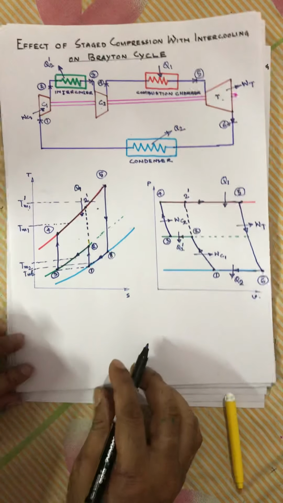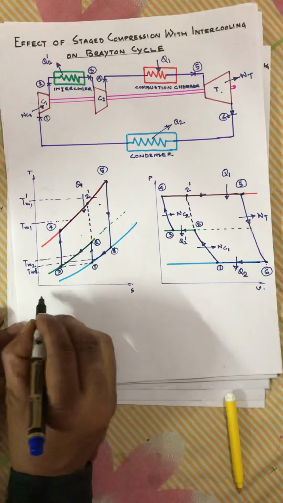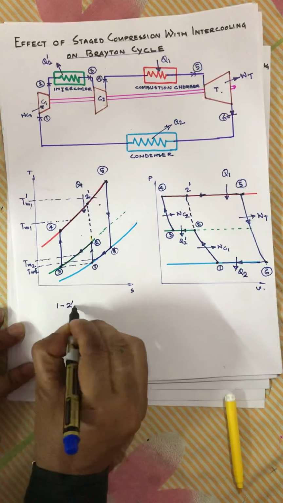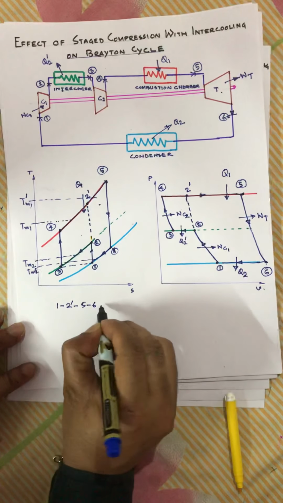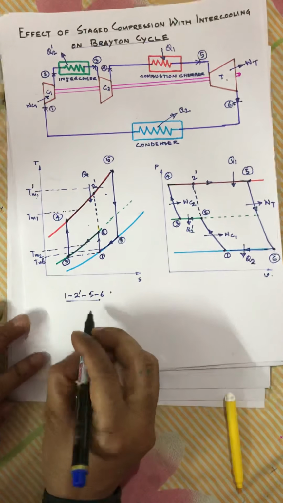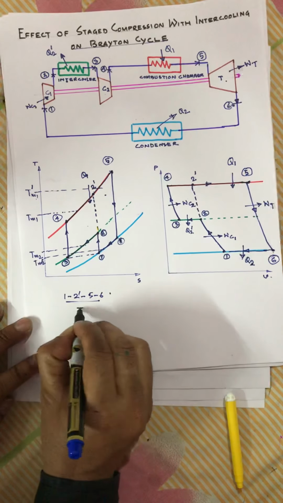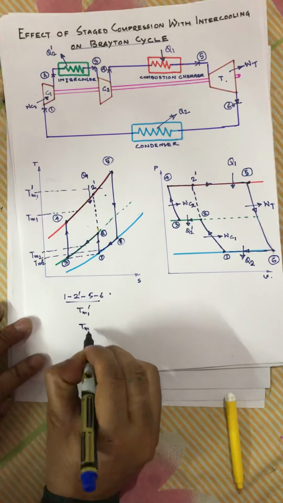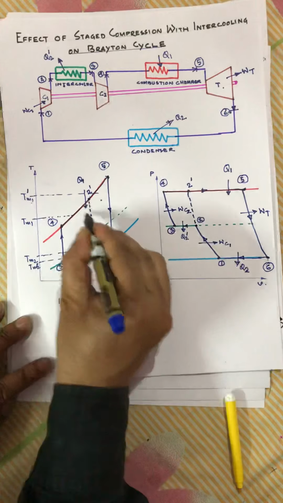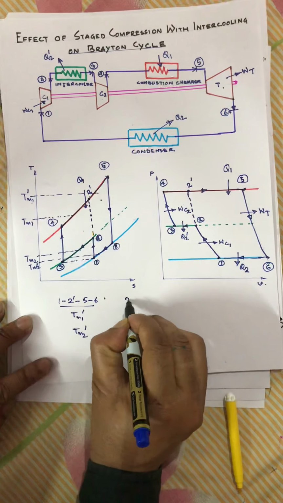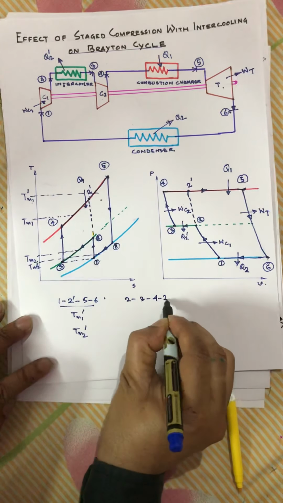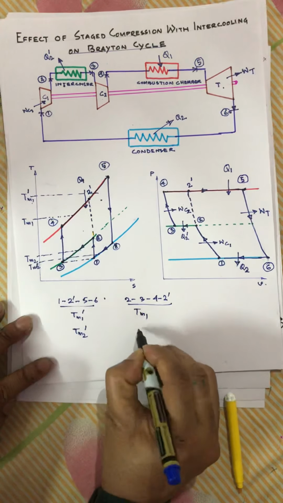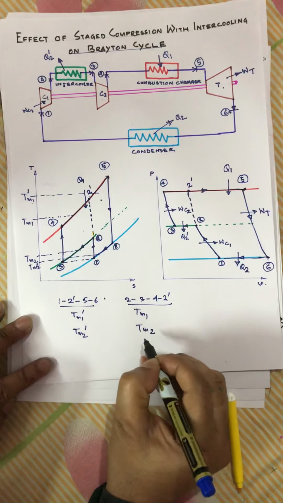So for the basic cycle 1, 2 dash, 5, 6, the mean temperature of heat addition is Tm1 dash, and the mean temperature of heat rejection is Tm2 dash. For the elementary cycle 2, 3, 4, 2 dash, the mean temperature of heat addition is Tm1, and the mean temperature of heat rejection is Tm2.